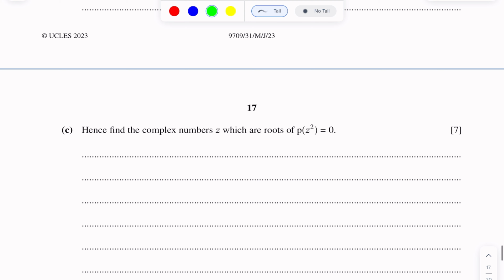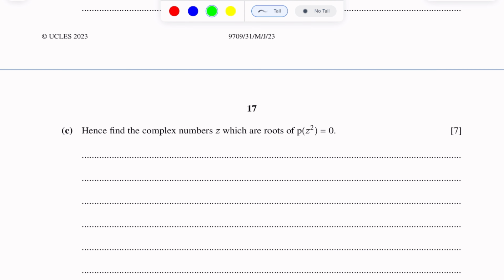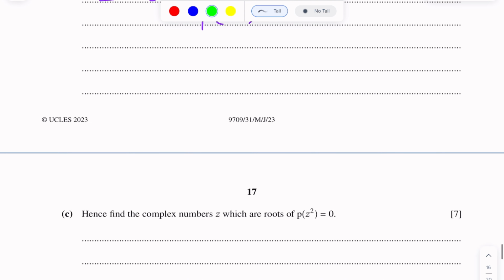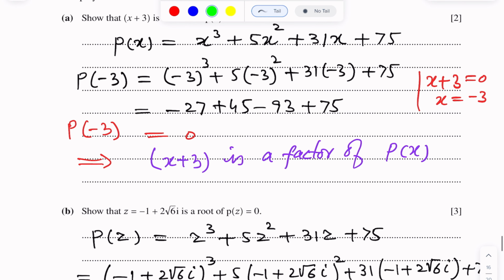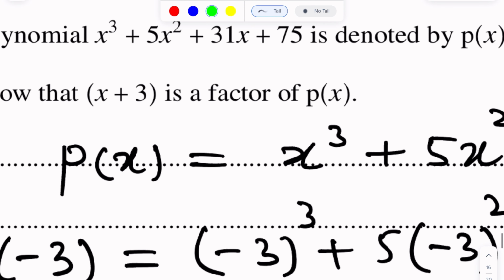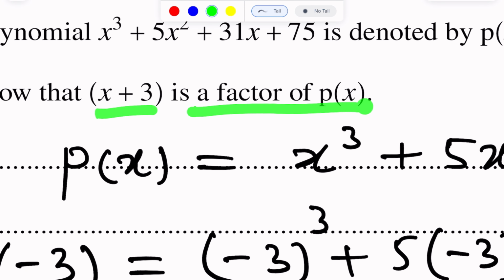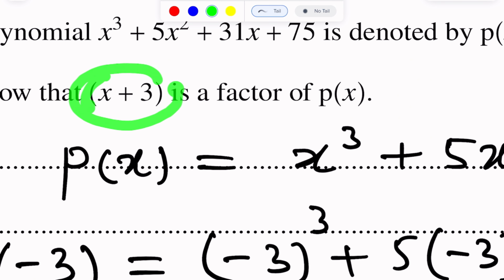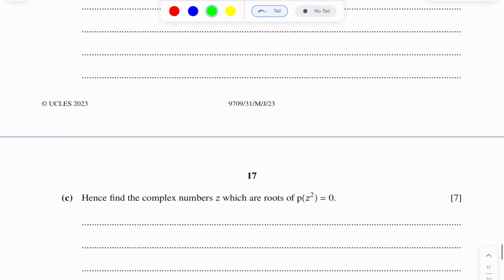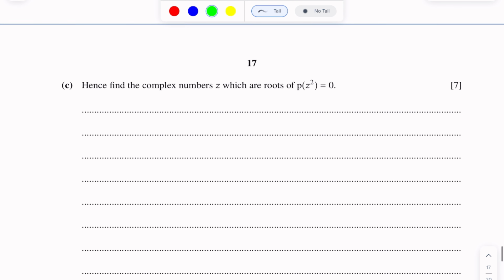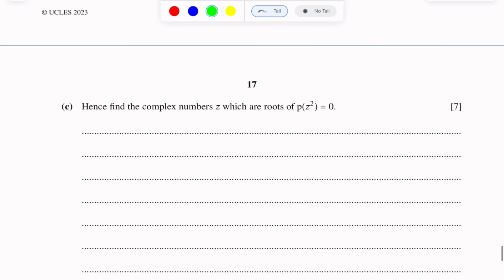So now in the first part, x plus 3 is a factor of P(x). We can show that if we replace x by z, then z plus 3 is a factor of P(z).